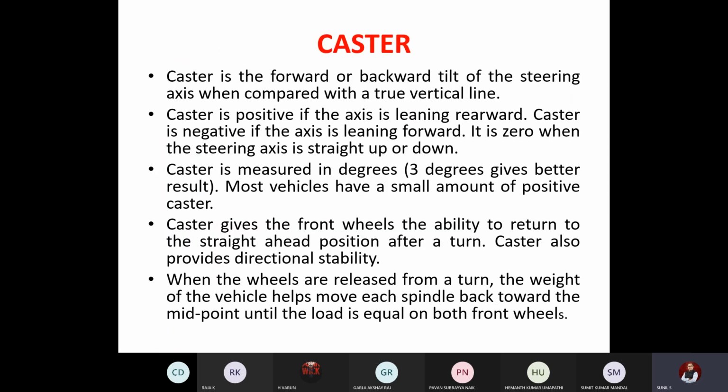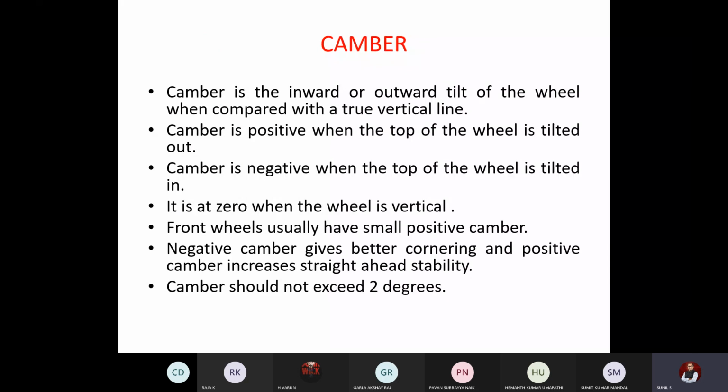So the second thing is the caster. Better you take down, we will go very slowly, especially until we finish these angles. 4 to 5 angles are there. Please make a note.